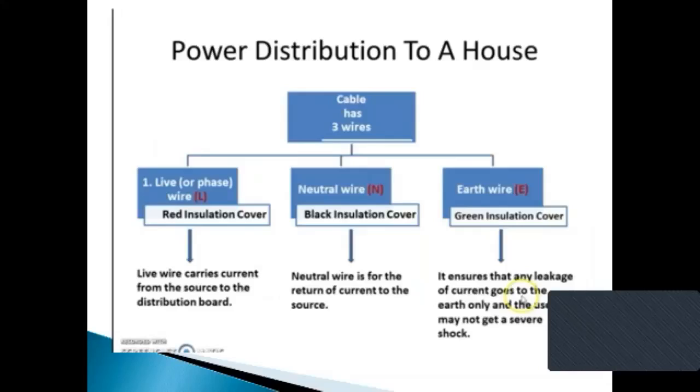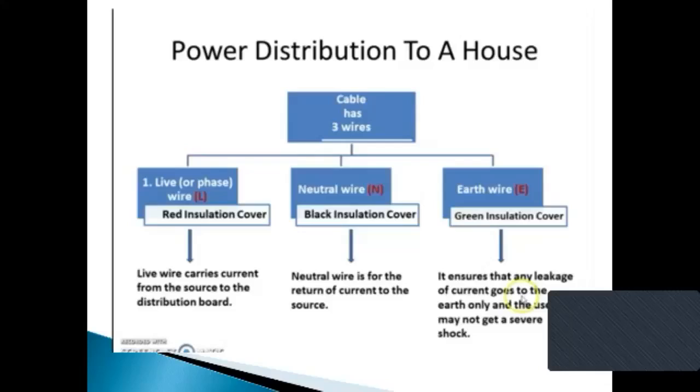So, what do the live wire, neutral wire, and earth wire do? What is the purpose of the live wire? Live wire carries current from the current source to the distribution board. Neutral wire returns the current back to the source and forms a complete circuit. And then comes the earthing wire.